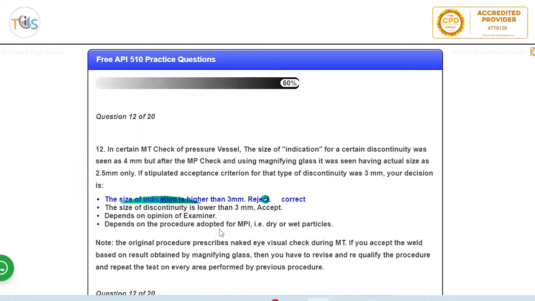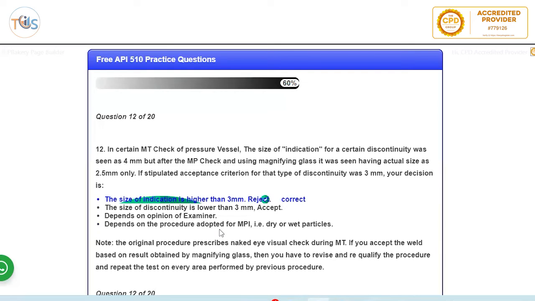In certain MT check, you found an indication, and by visual observation, you found out that it was 4 millimeter, okay? And the acceptance criteria is, say, 3 millimeter. Now you used a magnifying glass, with closer scrutiny, and you found out actually it is 2.5 millimeter, it's not 4.